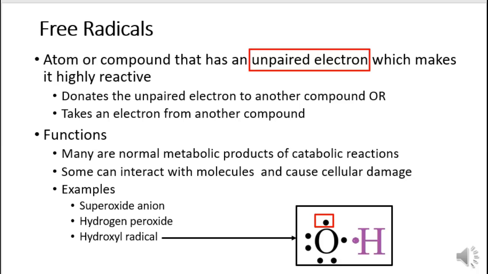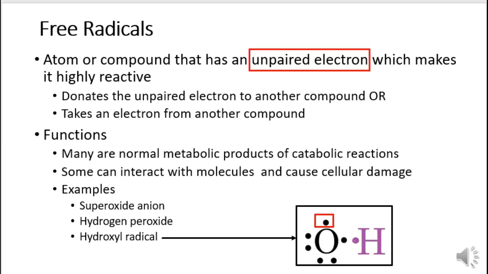Of course, a compound or an atom also likes to have the valence orbital filled. But what happens is these free radicals can donate that unpaired electron to another compound, or they can take away an electron from another compound. This isn't uncommon, and in fact is a normal metabolic function that happens in all of our cells.